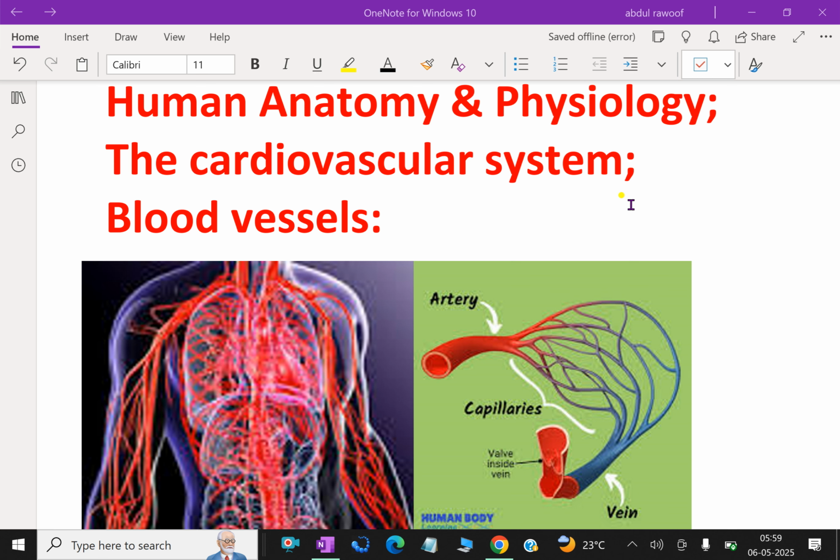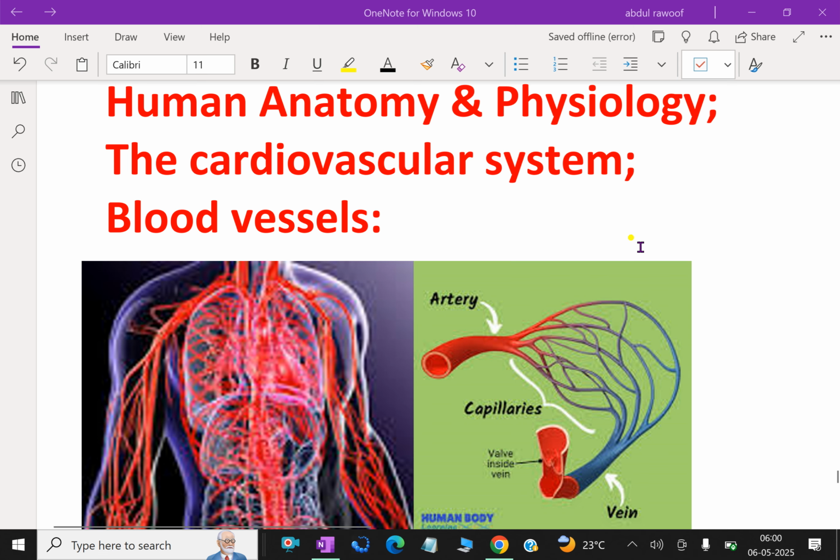The smallest veins are called venules. Veins are called capacitance vessels because they are distensible and therefore have the capacity to hold a large proportion of the body's blood.